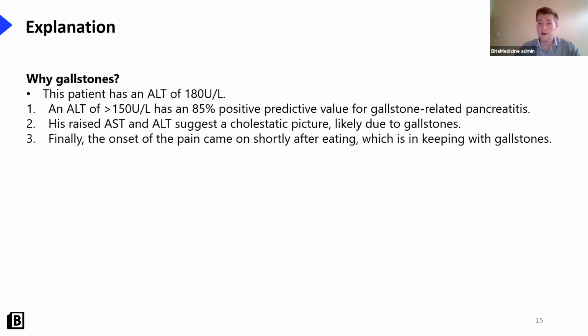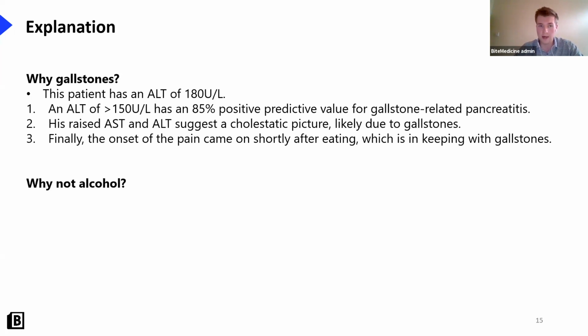And finally, if you remember from his history, the onset of pain came on shortly after eating, which is in keeping with gallstones. Sometimes if you have a large fatty meal, that fat is detected in the duodenum, so the CCK release causes mass bile release, and that can cause the transit of a gallstone, which could move down the biliary system and block the pancreatic duct, which is the case here.